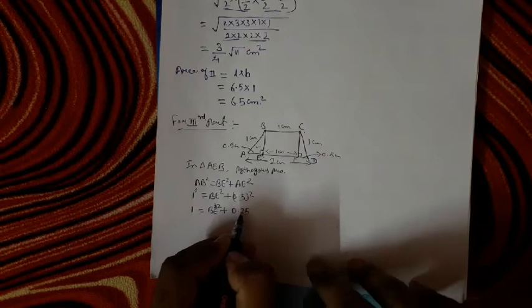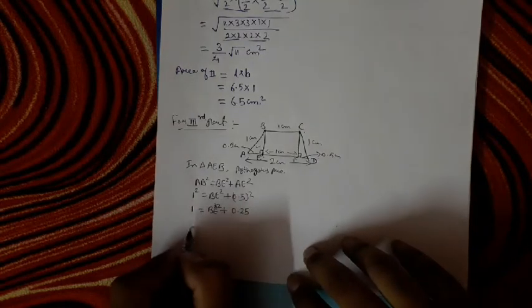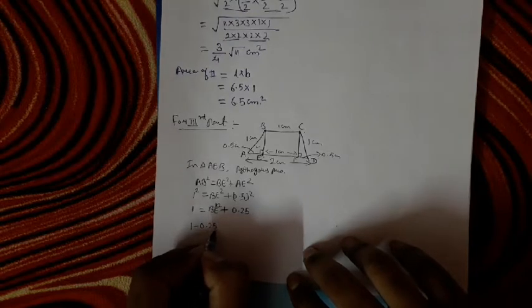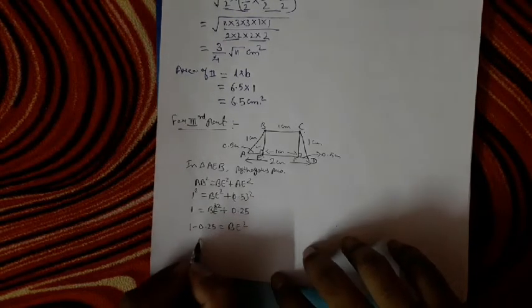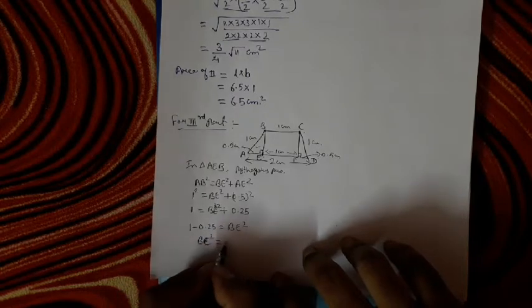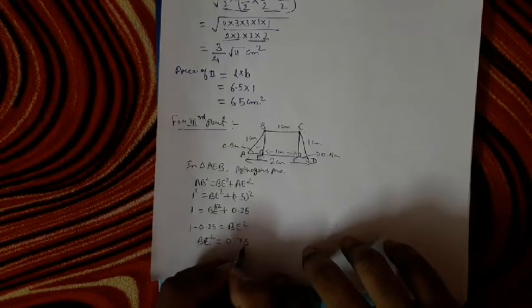When we shift 0.25 to the side of 1, we get 1 minus 0.25 equals BE square, which is 0.75.